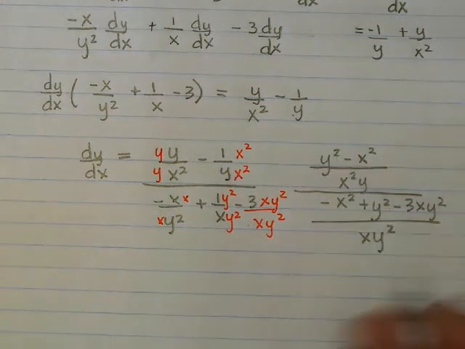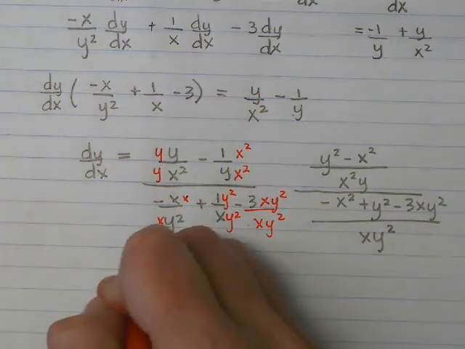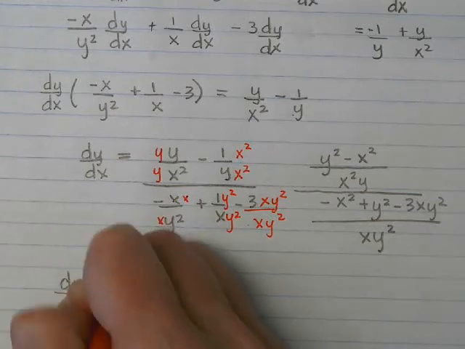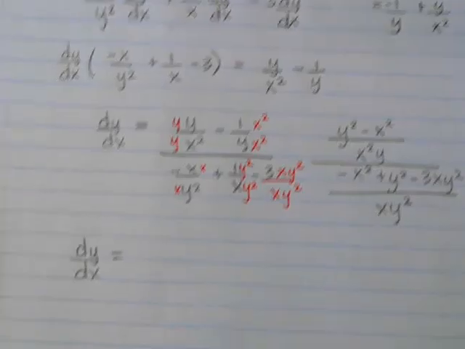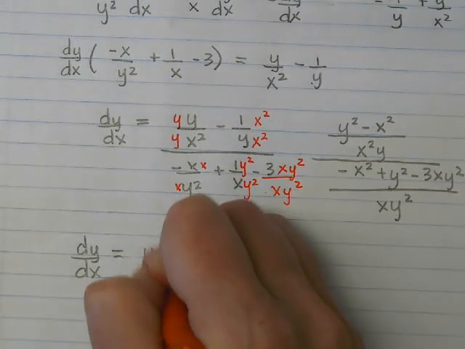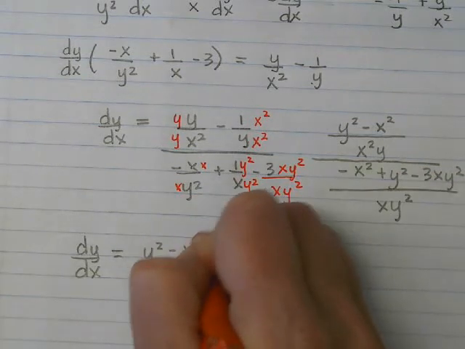So I'll put here dy/dx equals y squared minus x squared.